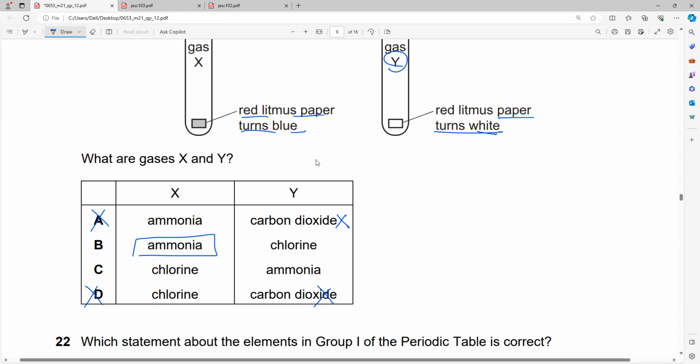So that is the reason why chlorine gas turns red litmus paper white. Note it and finish it. It is a good question actually.